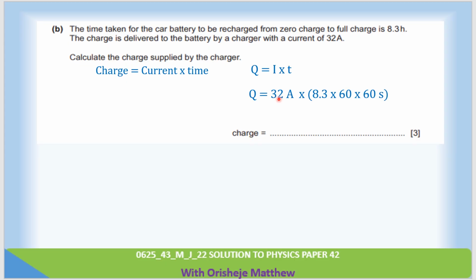So convert 8.3 hours to seconds. 60 minutes make 1 hour. 60 seconds make 1 minute. So if I convert 8.3 hours to minutes, it will become 8.3 times 60, then convert it to seconds, times 60 again. So that gives me about 956,160 coulombs. So that is the charge delivered to the battery.